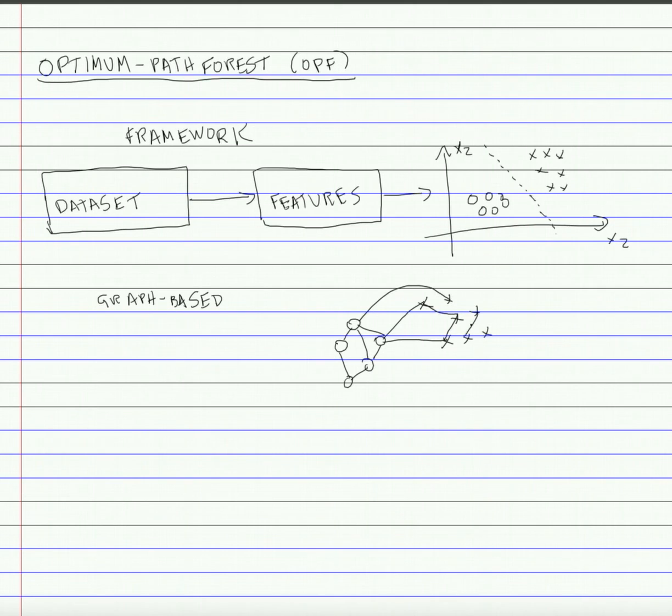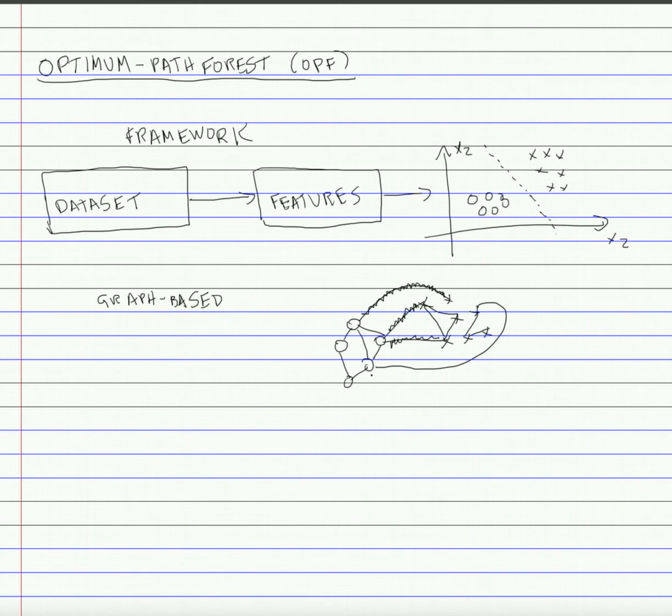Okay, we need to choose something. We need to choose some methodology to connect the nodes. And basically, the main idea is to somehow find a way to remove arcs among samples from different classes, right?